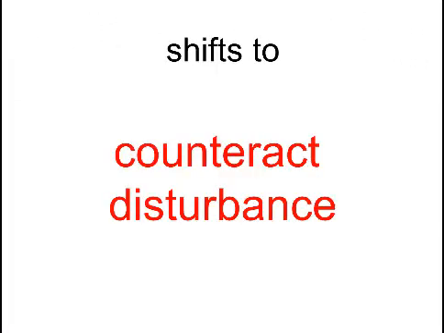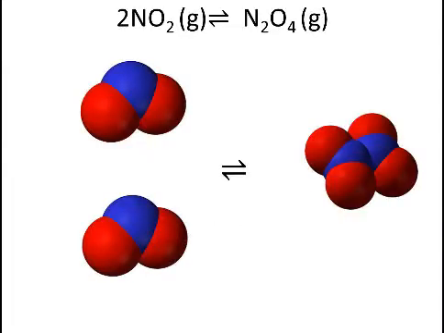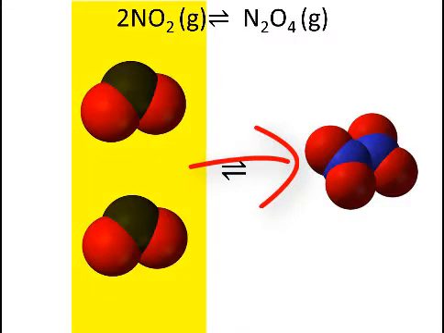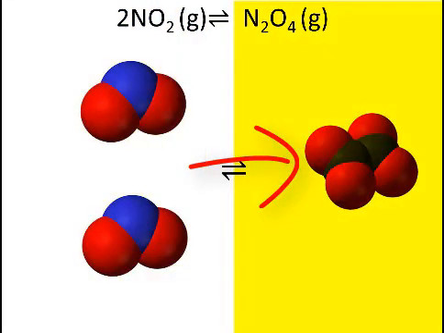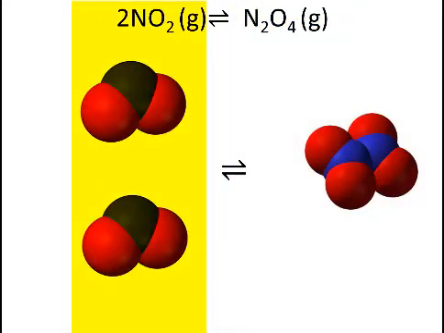Because by shifting it to the right, that counteracted the crowding effect which the stress had caused. And that's because by favoring the forward reaction, more pairs of NO2 can squash together into a single N2O4 molecule. And a single N2O4 molecule takes up less space, or is less crowded than two NO2 molecules are.